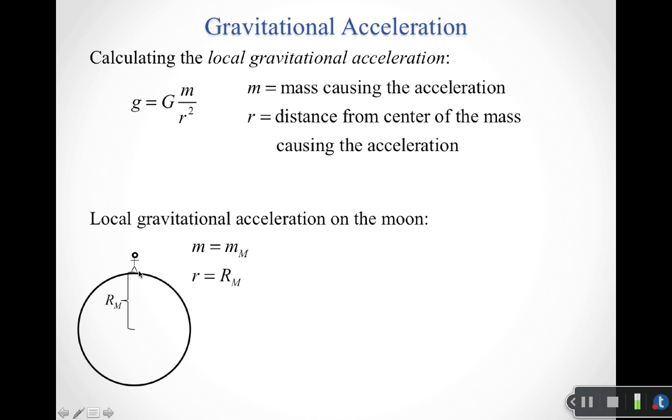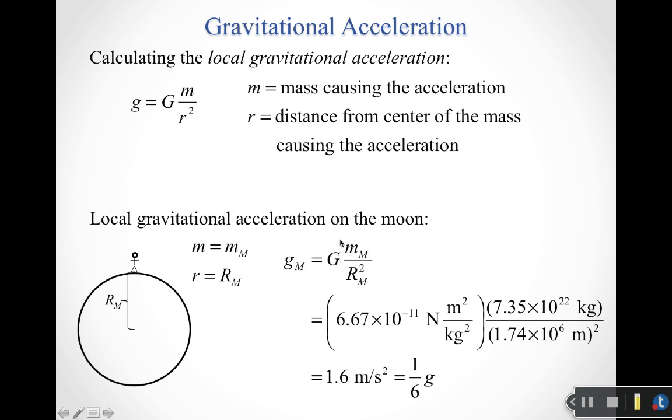The distance between where you're interested in the gravitational acceleration and the center of mass of the moon happens to be the radius of the moon. And so we plug in those values, calculate it out, and get 1.6 meters per second squared, which is about 1/6 of what it is here on the surface of the Earth. That is the gravitational acceleration on the surface of the moon.